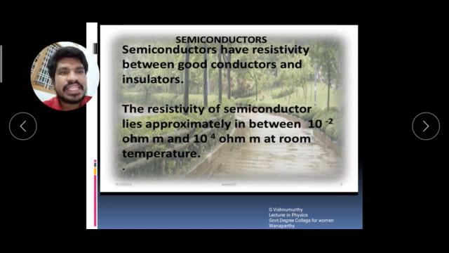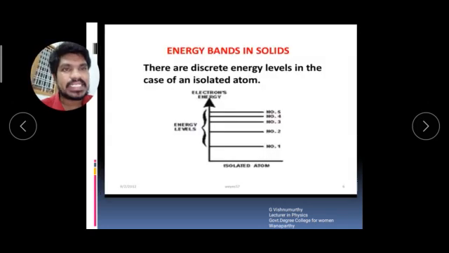So the resistivity of a semiconductor lies approximately between 10 to the power of minus 2 ohm meter and 10 to the power of 4 ohm meter at room temperature. That is, 36 degrees centigrade is called room temperature. So these are the semiconductors.